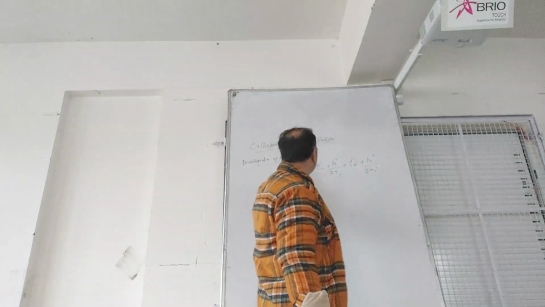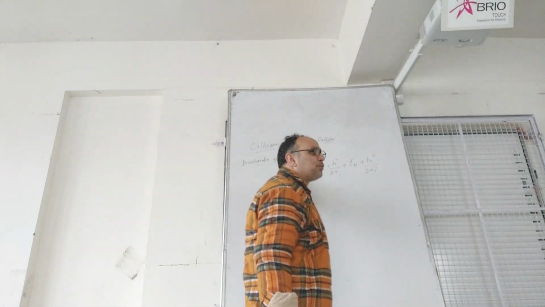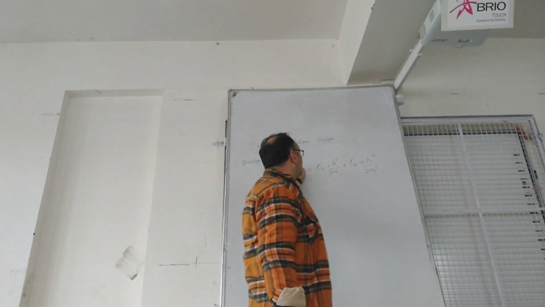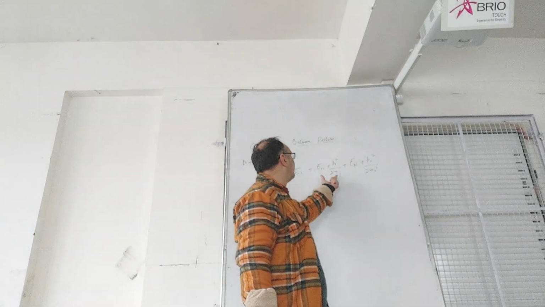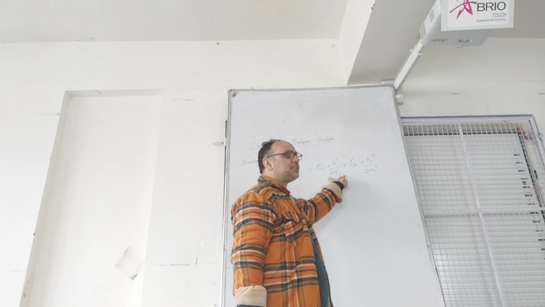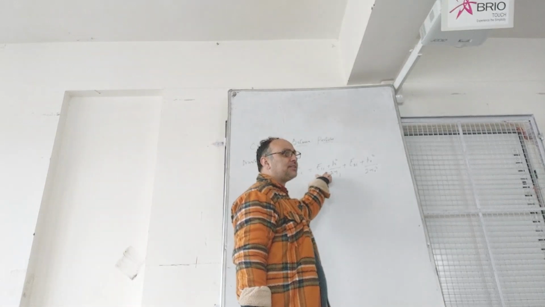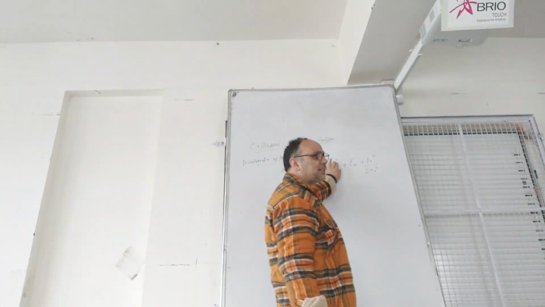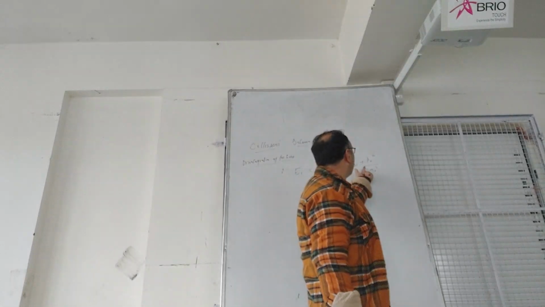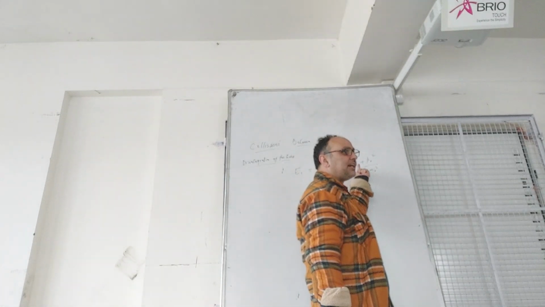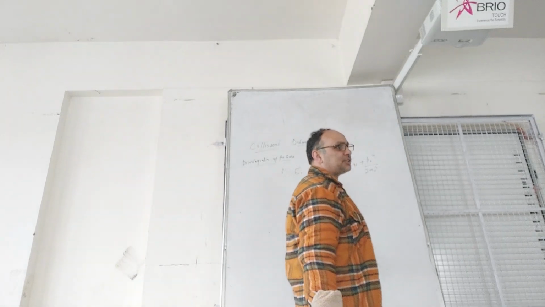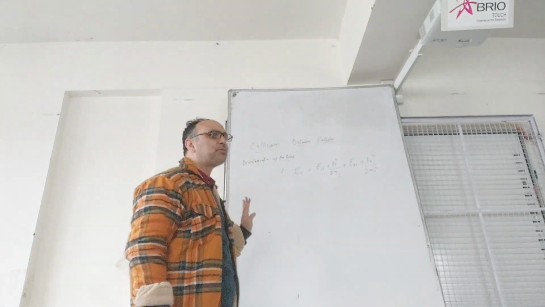So this is the total energy of a particle before collision, and after collision it can be this energy plus energy dissipated, energy due to particle A, energy due to particle B, and energy dissipated. It's the total energy of the system. You got my point?